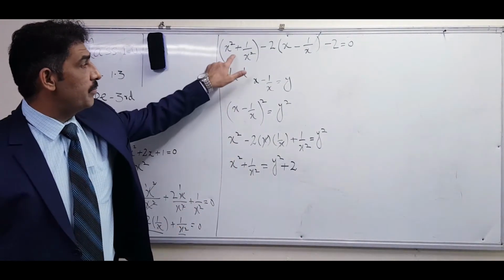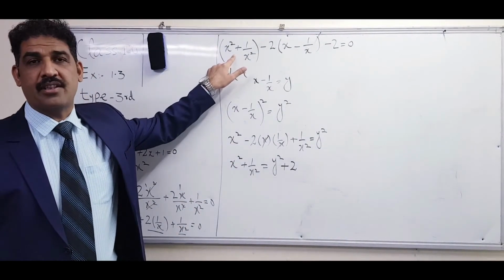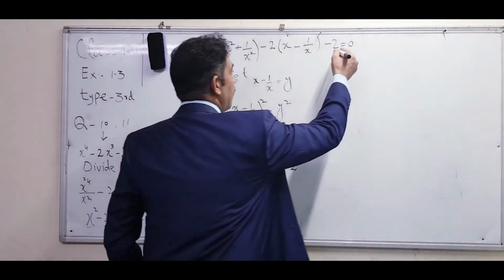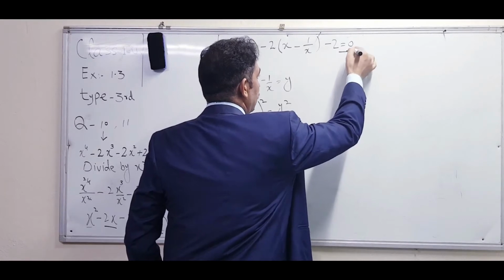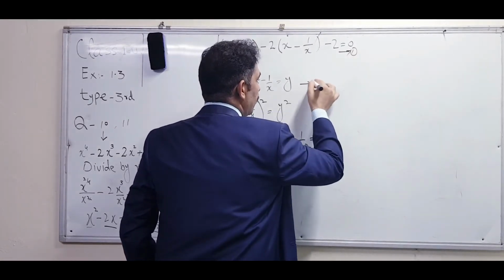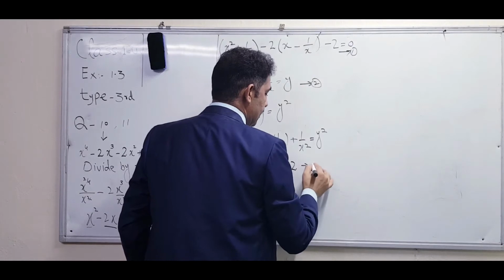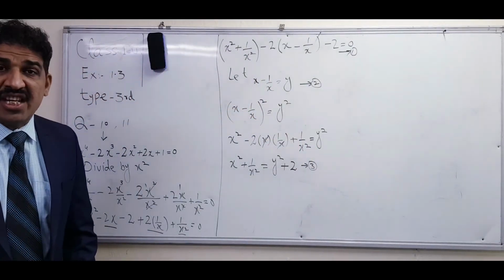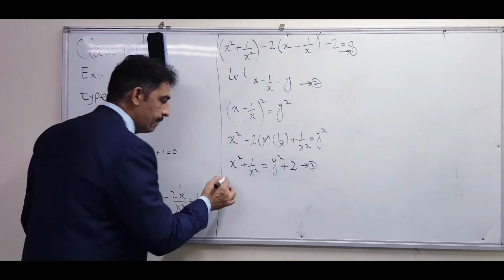Actually, we want to put the value of x square plus 1 over x square. So let this be equation number 1, that is 2, and this is 3. So put equations 2 and 3 in equation 1.